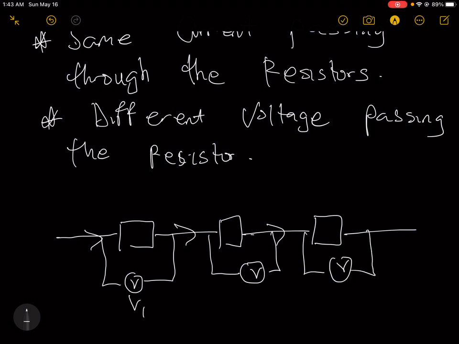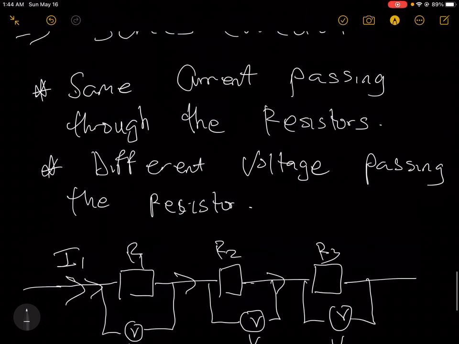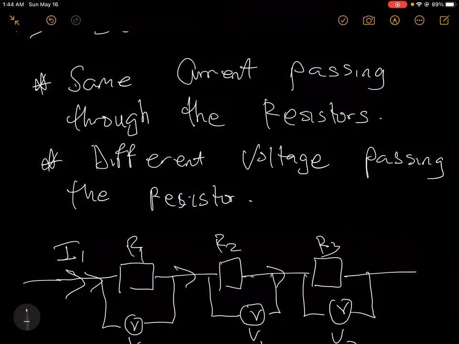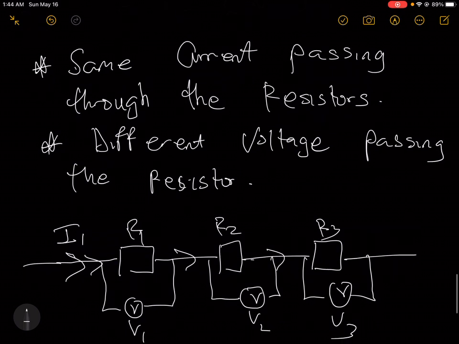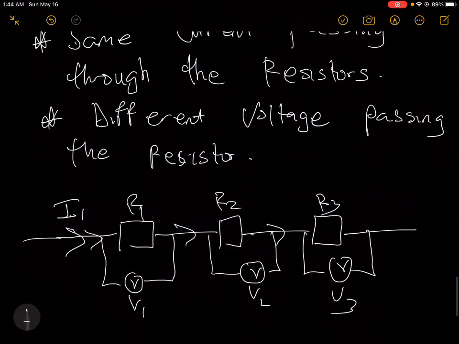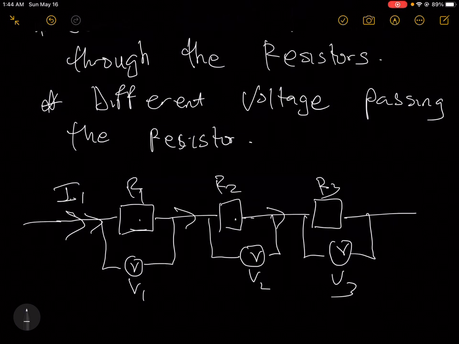So we have V1, V2, V3, then R1, R2, R3, and then just I1. There's no I2 or I3, because the statement says the same current passes through the resistors. That means I1 passes through resistor 1, I1 passes through resistor 2, I1 passes through resistor 3.